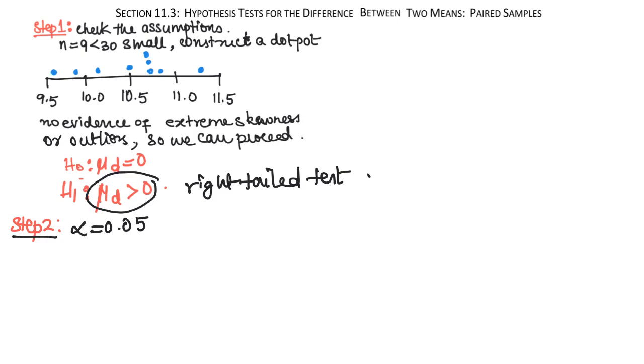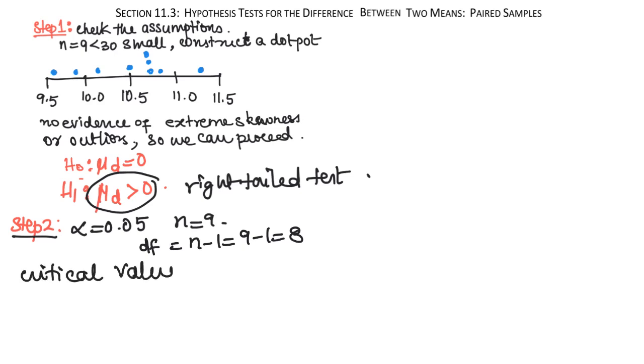And sample size is n equal 9. So degrees of freedom is n minus 1, that is 9 minus 1, that is equal to 8. So from table A2 we can find the critical value, t alpha equal 1.860.